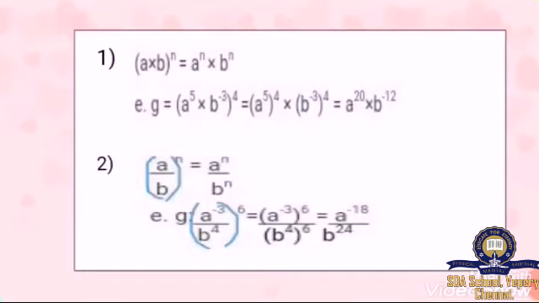According to the product law, let us multiply the powers and we get a to the power minus 18 divided by b to the power 24.